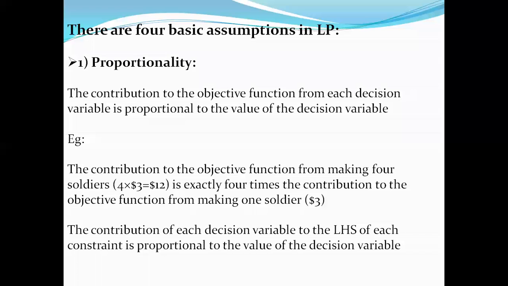So there is an interrelation between these two, the objective function and the decision variables. Hence the contribution to the objective function from each decision variable is proportional to the value of the decision variable.